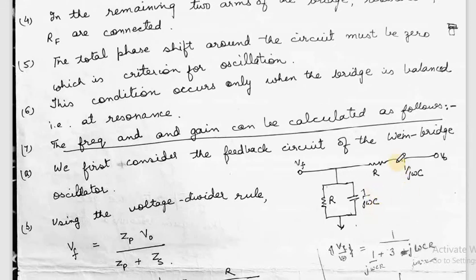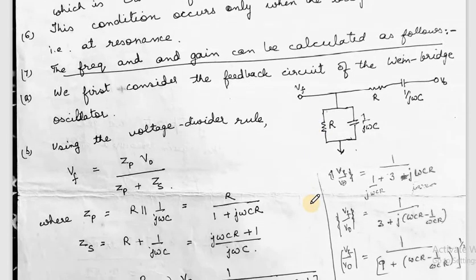This is 1 upon j omega C, and this is 1 upon j omega C, and the two ends have voltages Vf and V0. So we'll first calculate Vf.